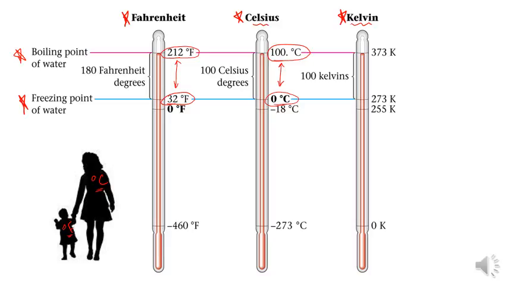The Kelvin scale, we'll talk about how to convert between these. And the cool thing with the Kelvin scale, this is called the absolute scale, because there's no negative numbers. No negative numbers. It is the absolute scale because 0 Kelvin is the coldest possible temperature.